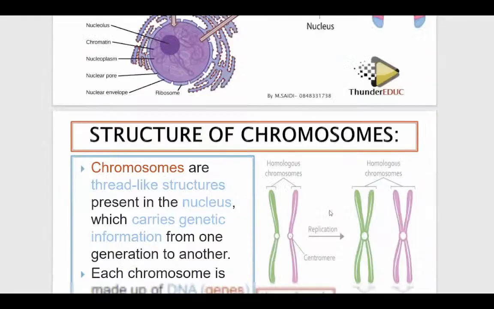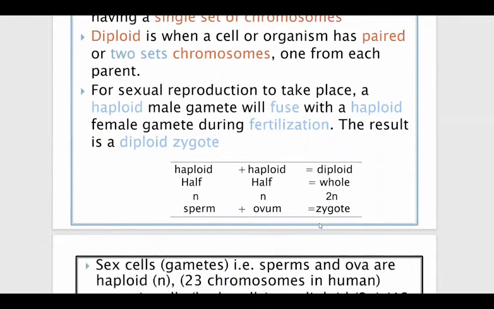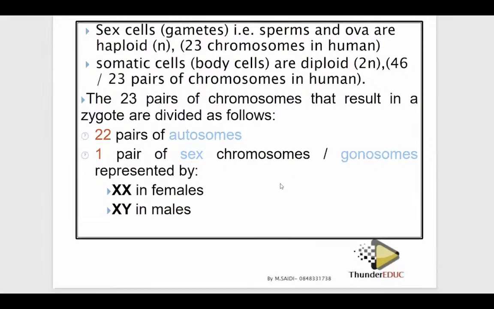That is in animals. And then in plants, these are all the things we have been talking about: haploid, diploid, haploid, diploid. So you should not confuse yourself. This is what we have been talking about. Autosomes, 22 pairs. One pair is gonosome.